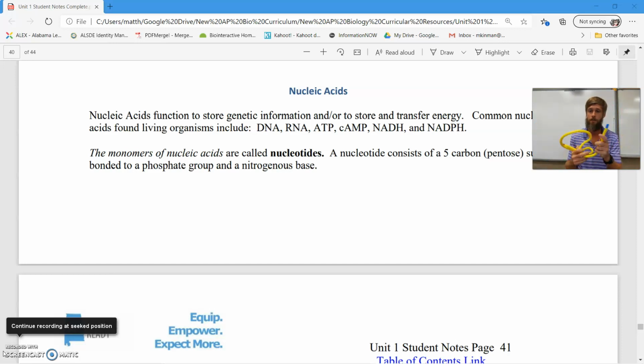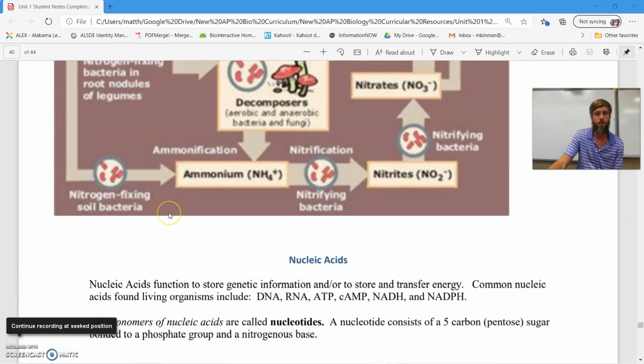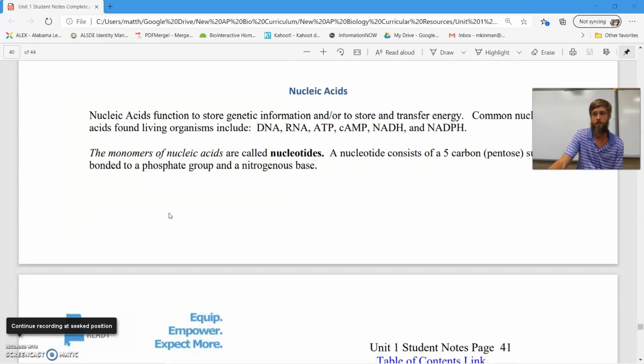And then this joins with another one to form quaternary, right? And remember the types of bonds that allow each one to do that. Okay, so next, now we'll get into nucleic acids. So that was just a little mini review.